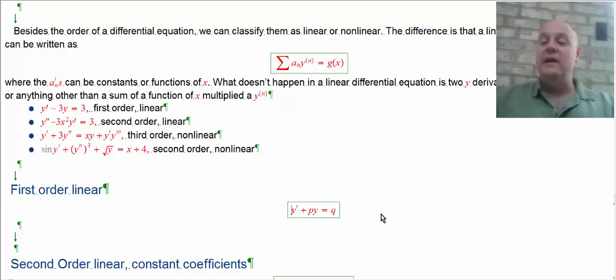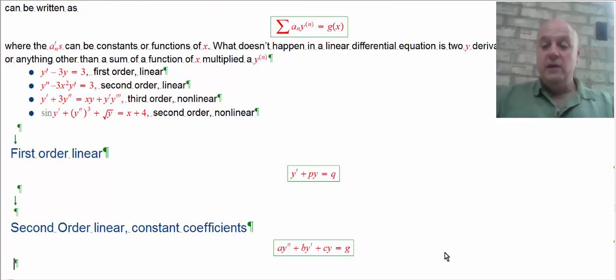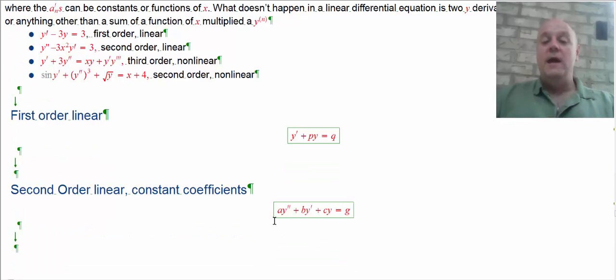We're going to learn a technique to solve all of those first order linear equations, and the first step is to put them into this form. We'll also study in later chapters second order linear constant coefficient differential equations, equations of the form ay prime prime plus by prime plus cy equals g.